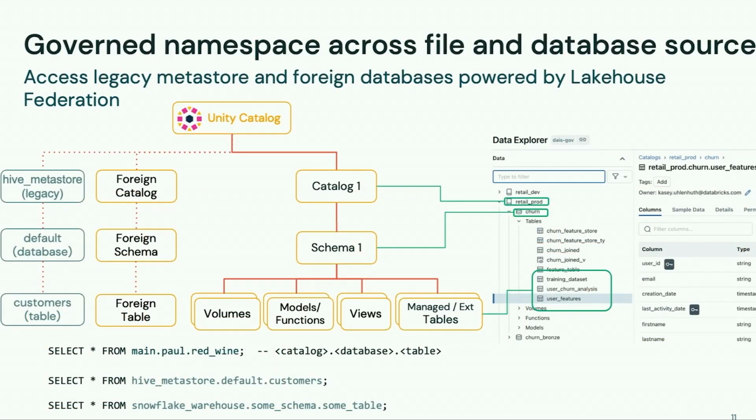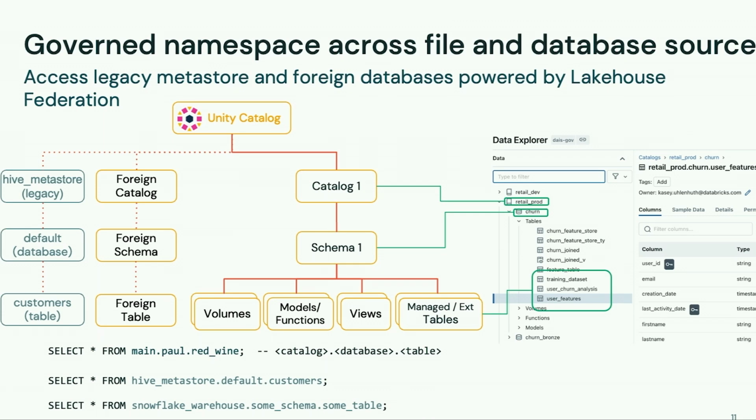And since we had this logical isolation at the workspaces, and now all of those are centralized at the metastore level, at the account level, we had to bring another level of isolation, which we called catalog. That's the third-level namespace that we introduced with Unity Catalog.